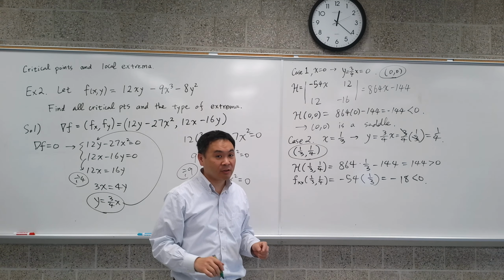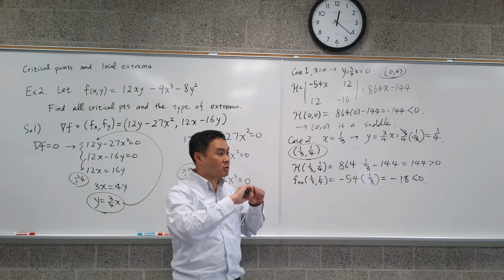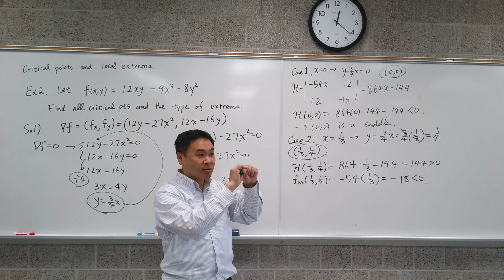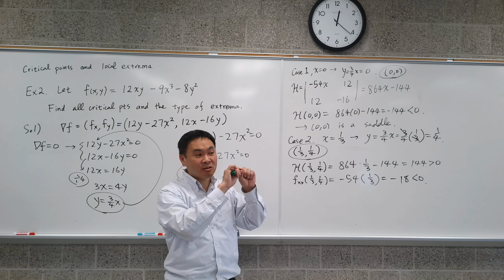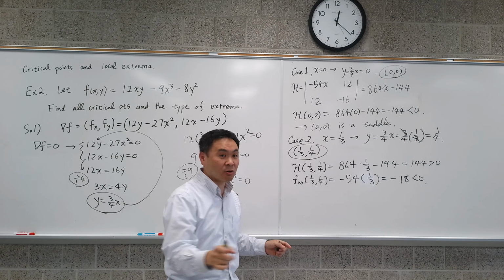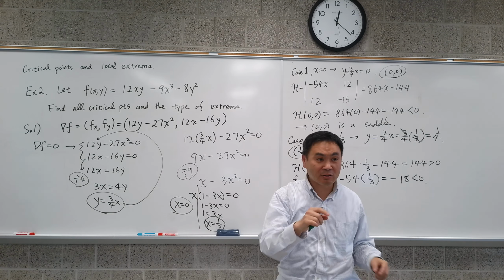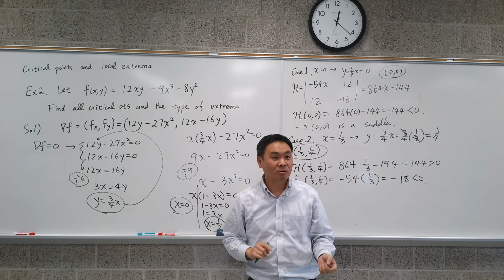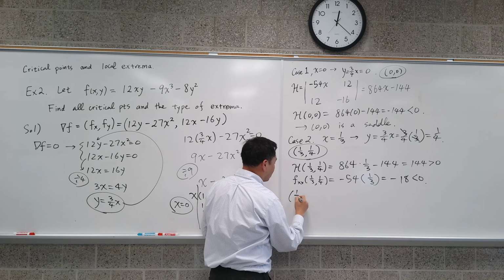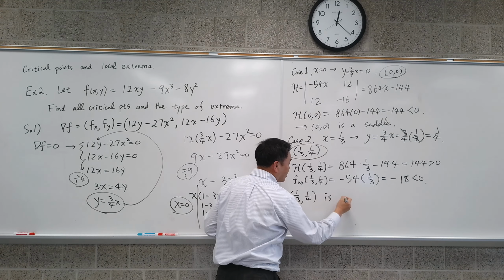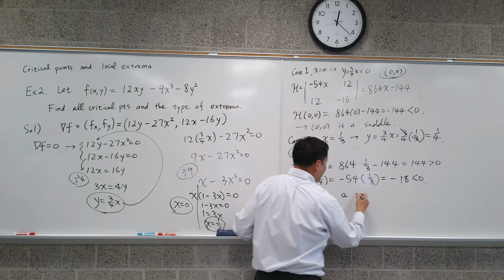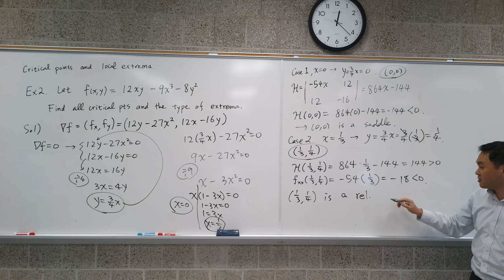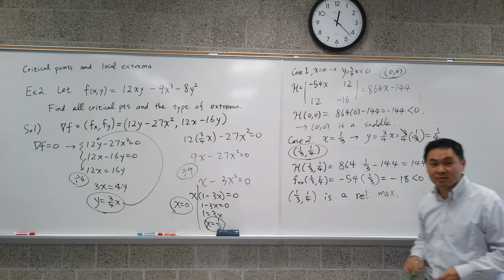Well, this one says in the x direction, the second derivative is negative, so it's a frowning face, right? Which is a relative max, right? But then Hessian is positive. What does that mean? That means once negative, it's always negative. So going all the way around 360 degrees at this point 1/3, 1/4, it's always a frowning face. Okay? What does that mean? Therefore, 1/3, 1/4 is a relative what? Max. Yeah. That's how you do it.